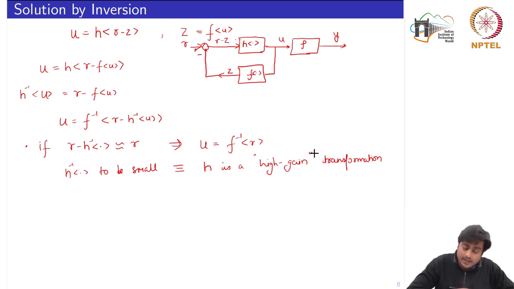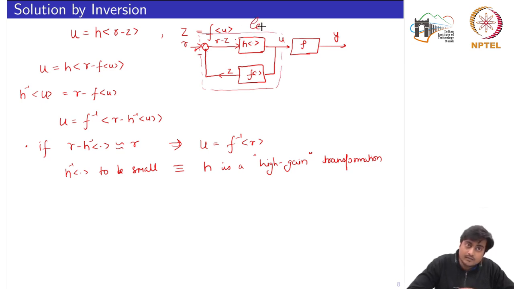If I take the inverse of this high gain, it becomes a very small value, and in that case r minus h inverse would become almost equal to r. So the important point to note here is that nowhere have we taken the inverse of the function for the controller, because this now becomes the controller.